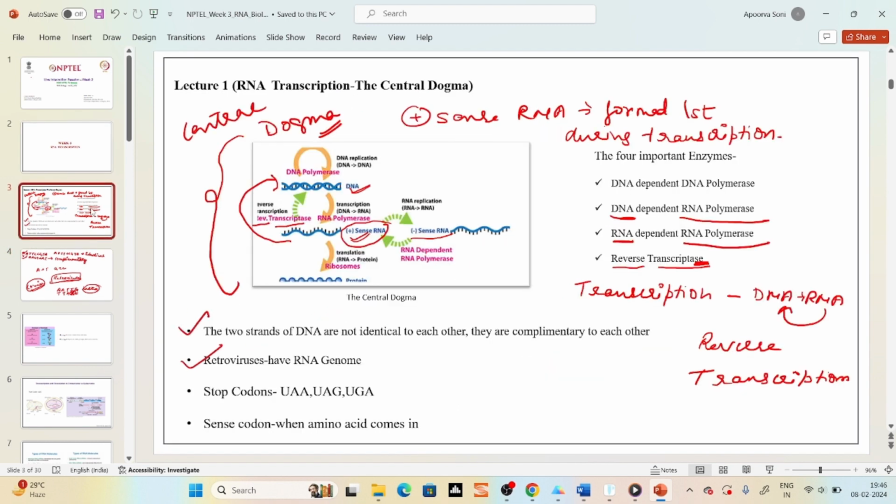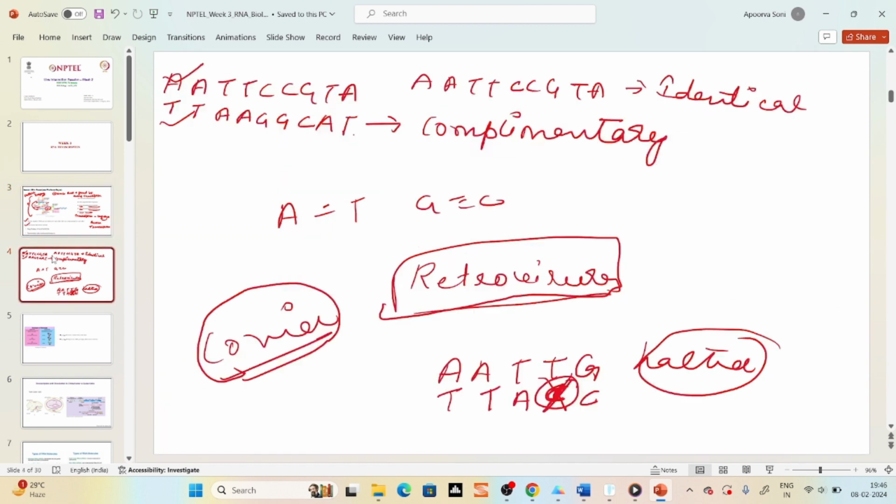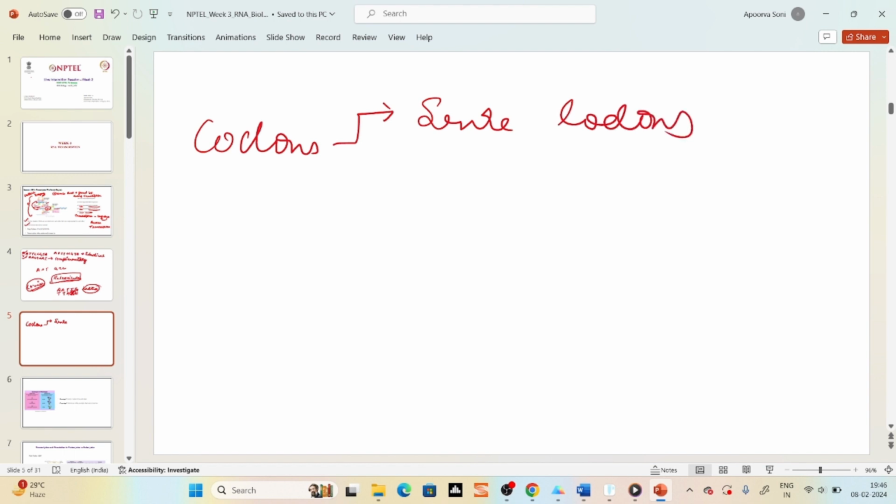Retroviruses have RNA as their genomes, and these are the stop codons, okay, and these are the sense codons. So when we talk about codons, they can either be sense codons, or they can be stop codons.